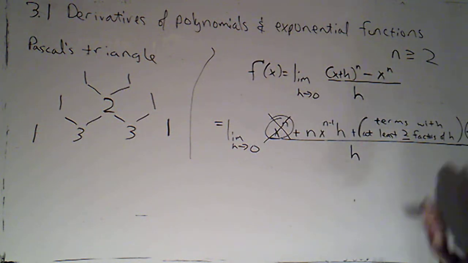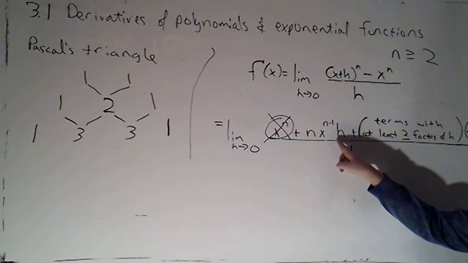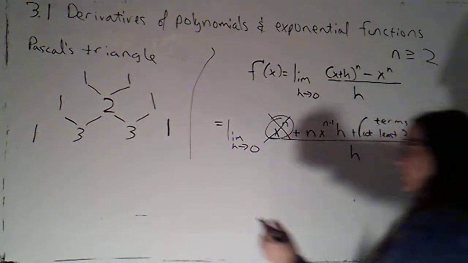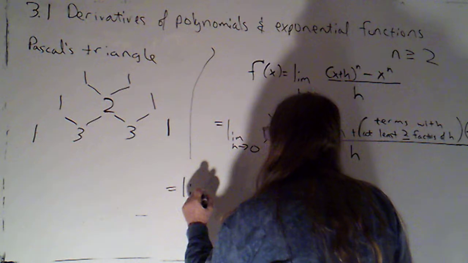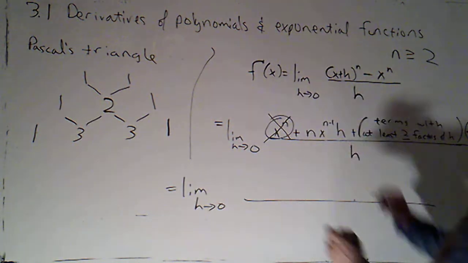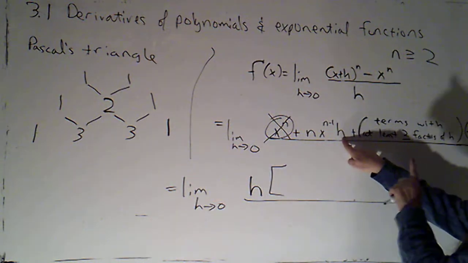Now when that cancels, every term that's left on top has at least one h in it. That has exactly one h, and all of these guys have at least two factors of h. So I'm going to do what I usually do. I'm going to factor out an h. Now when I do that, from this term I pulled out the one and only h.